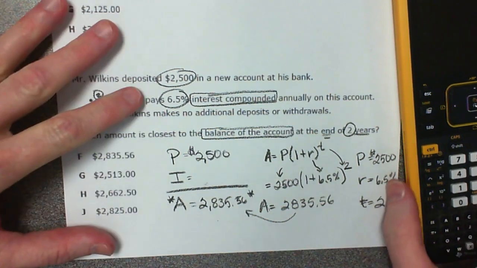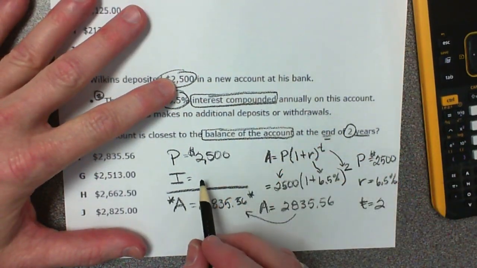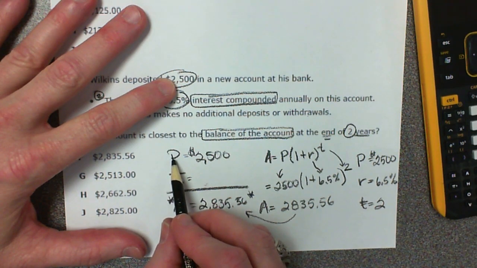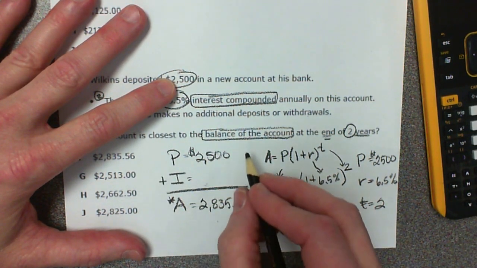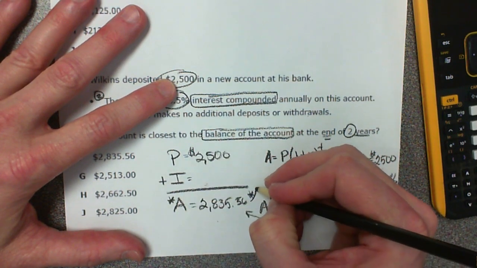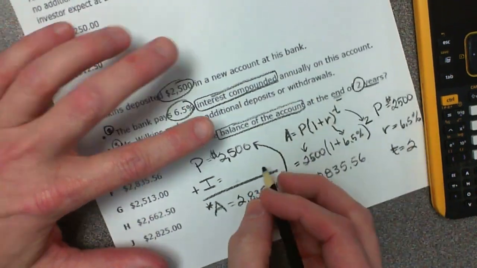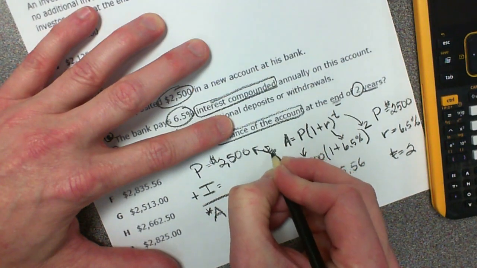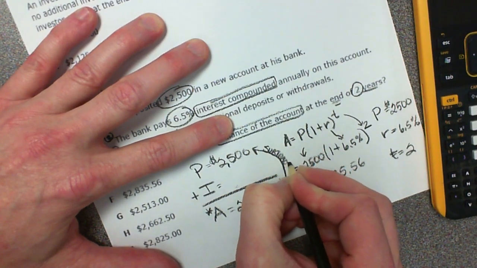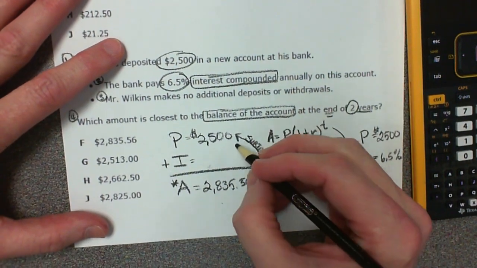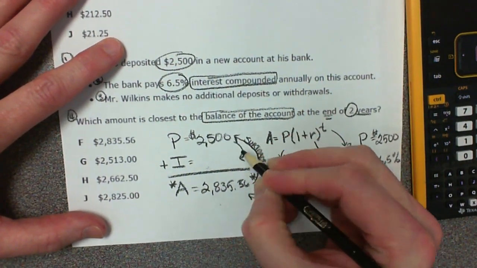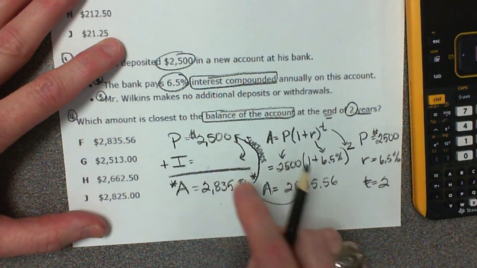And as we've talked about in our notes, how do we find this interest? Since capital P plus I is equal to A, we're going to do the reverse, and we're going to draw an arrow back here and subtract right along that arrow. We're going to subtract these two numbers, and that's going to give us our interest.